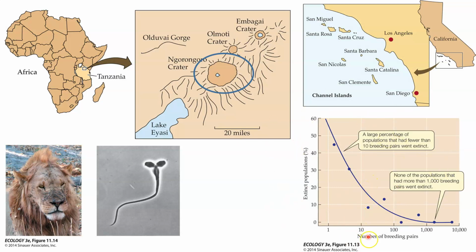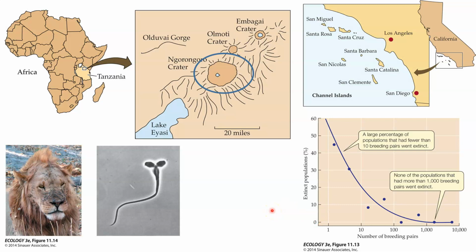And if the number of breeding pairs increases all the way up to 100, the extinction risk is lower than 5%. If the number of breeding pairs is about 1,000, the extinction risk is 0%. There's almost no risk of extinction, at least theoretically speaking.